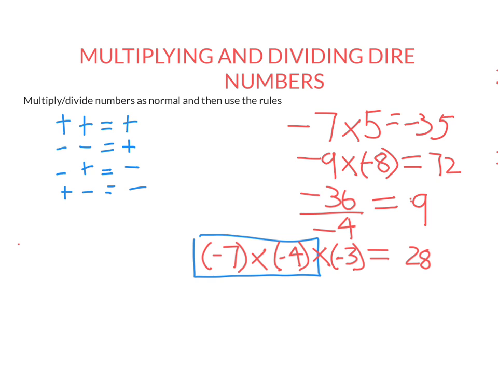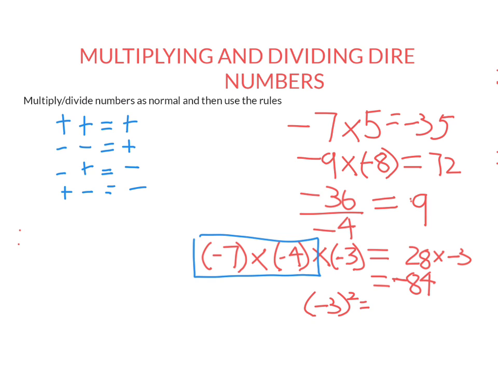Now I'm just going to times that by negative 3. Again, 28 times 3, I'm just going to do the whole numbers by themselves. 28 times 3 is 84, but this time I was multiplying a positive and a negative, so my answer should be negative. Final answer is minus 84.